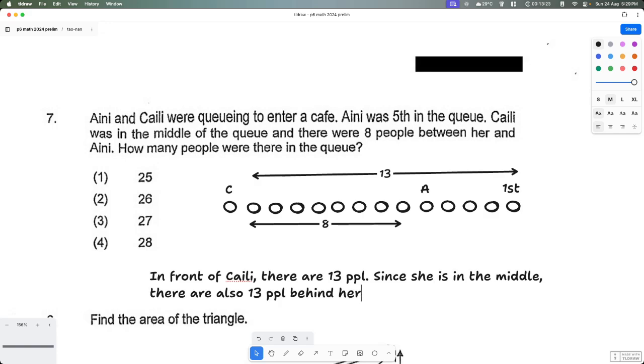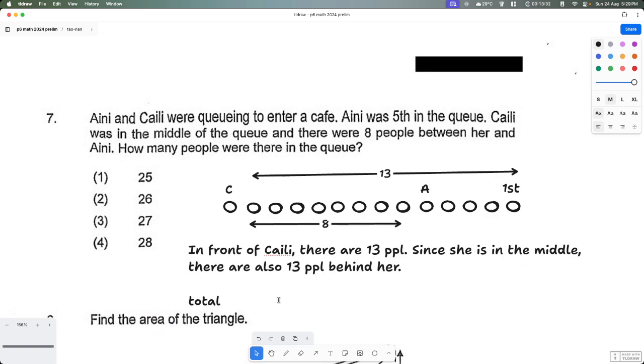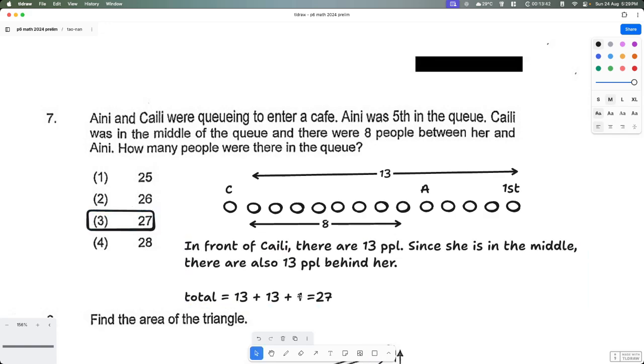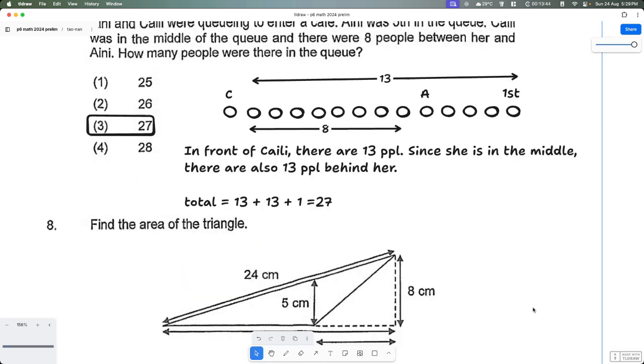So the total will become 13 plus 13 plus 1, which is equal to 27. Right, so question number 7 is option number 3 over here. Okay, that's it. Let's move on to the next question.